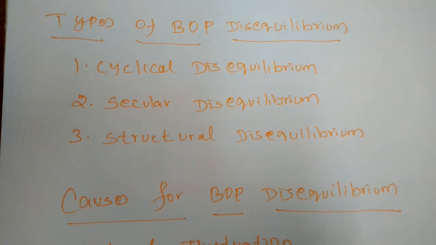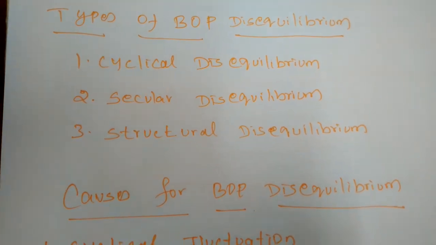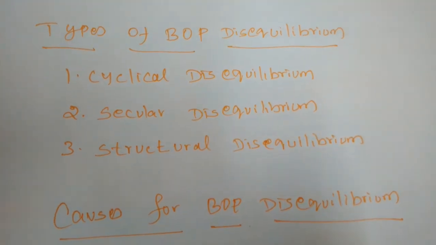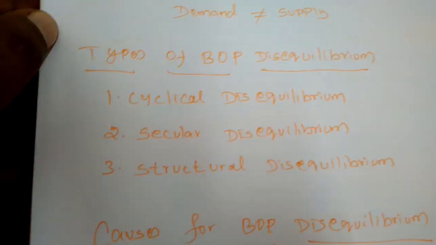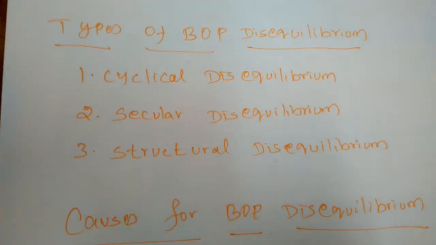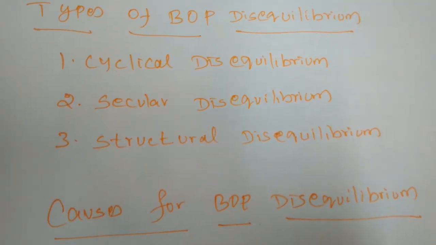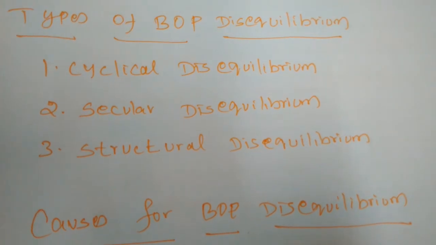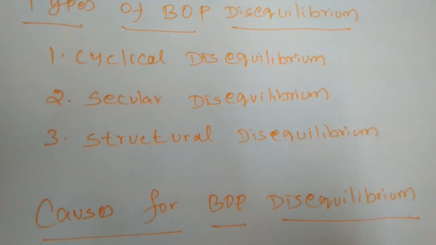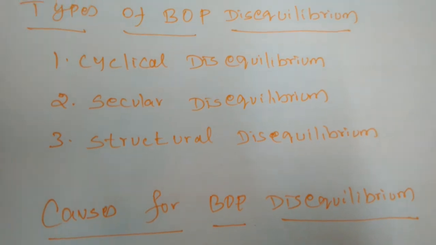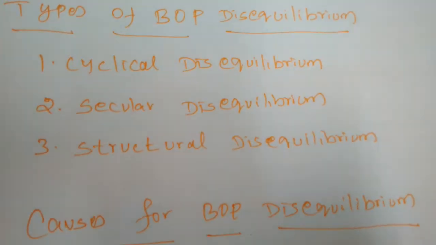Secondly, the elasticities of demand may differ in two countries. Suppose, for example, the demand for a commodity may be higher in one nation and very low in another country. When they are like that, the disequilibrium will arise.